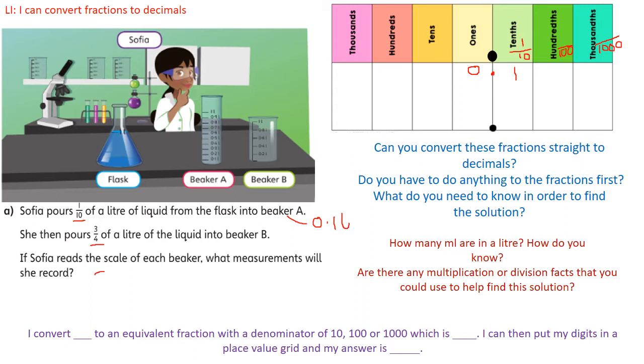So what I'm going to need to do is make sure I can find an equivalent fraction that has either a 10, 100 or 1,000 as the denominator. Now, can I times 4 by anything that is going to give me 10? No, but I can times 4 by 25 and that will give me 100.